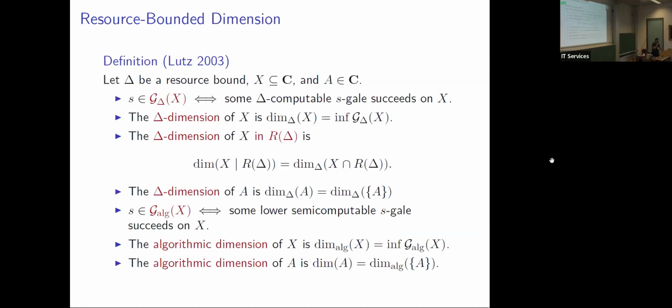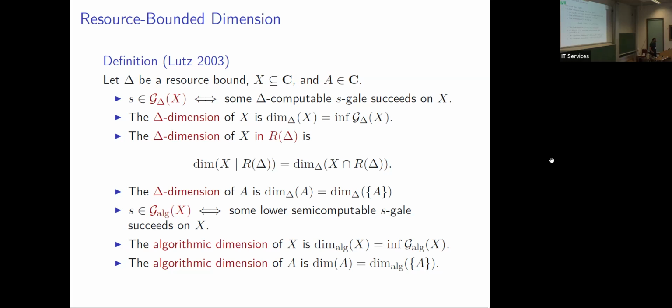With that characterization, it becomes more straightforward to do resource-bounded versions of this. If you have some delta that's a resource bound, and X is a subset of Cantor space, then S is in G sub delta of X if and only if there's some delta-computable S-Gale that succeeds on X. So we've just applied that resource bound directly.